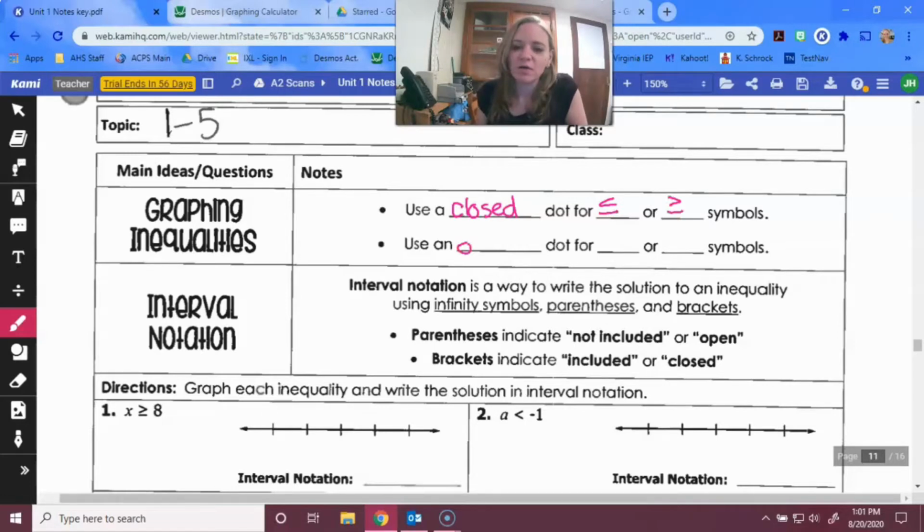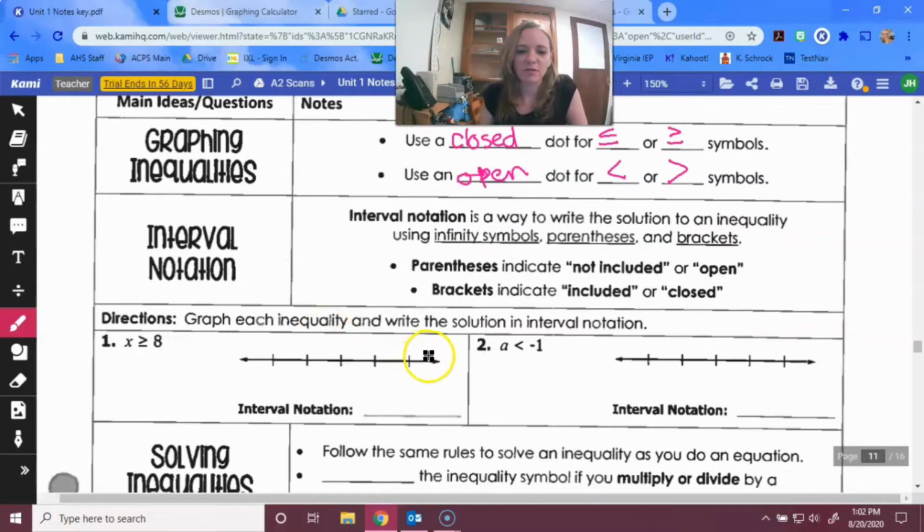If the dot is an open circle, that is how we're going to graph these on a number line. So this is a filled in dot. They left the numbers off so you can put your answer straight in the middle, and then of course shade to the right because it's greater than. I'm sure you remember that.